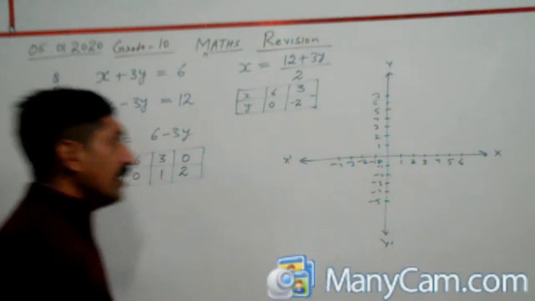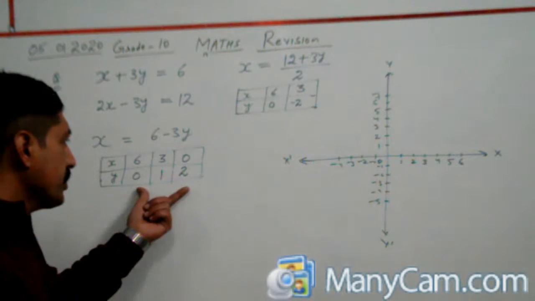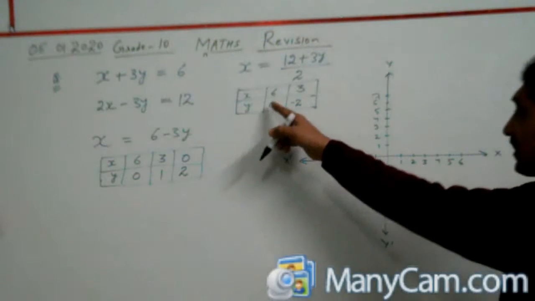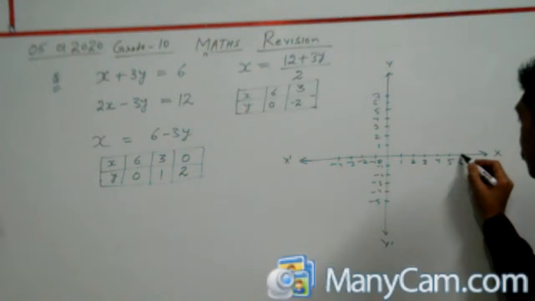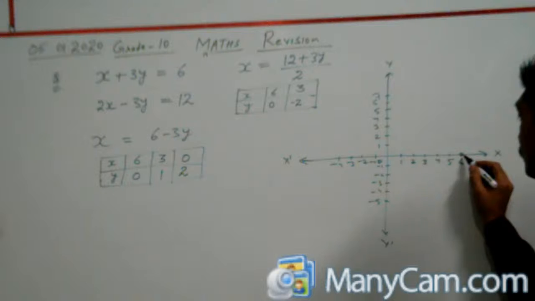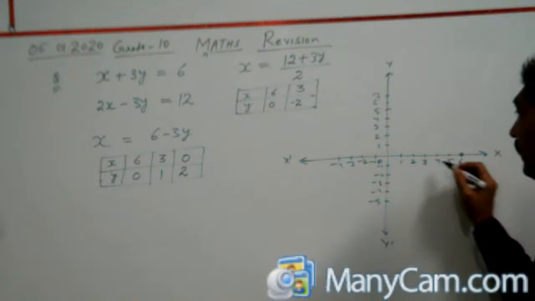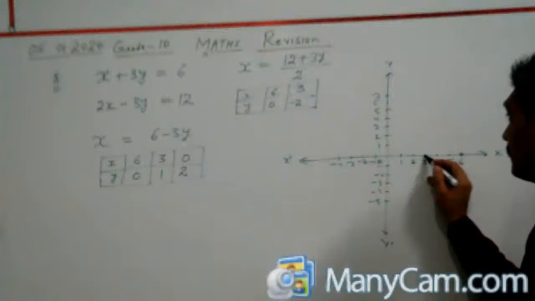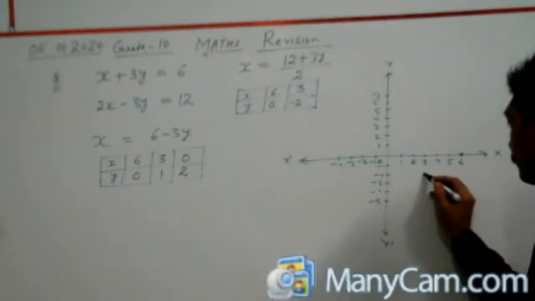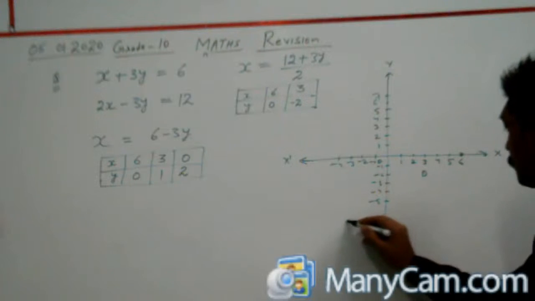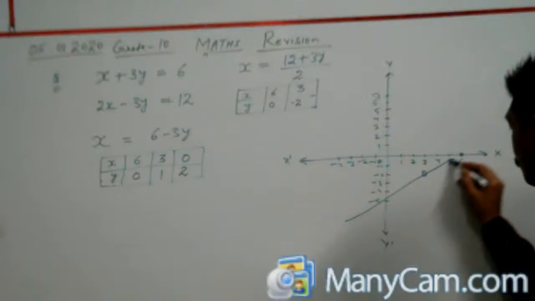So these are the two points for the first equation: x is 6 and y is 0 here, and x is 3 and y is -2 here. This is one line, the equation of a line passing through these points.